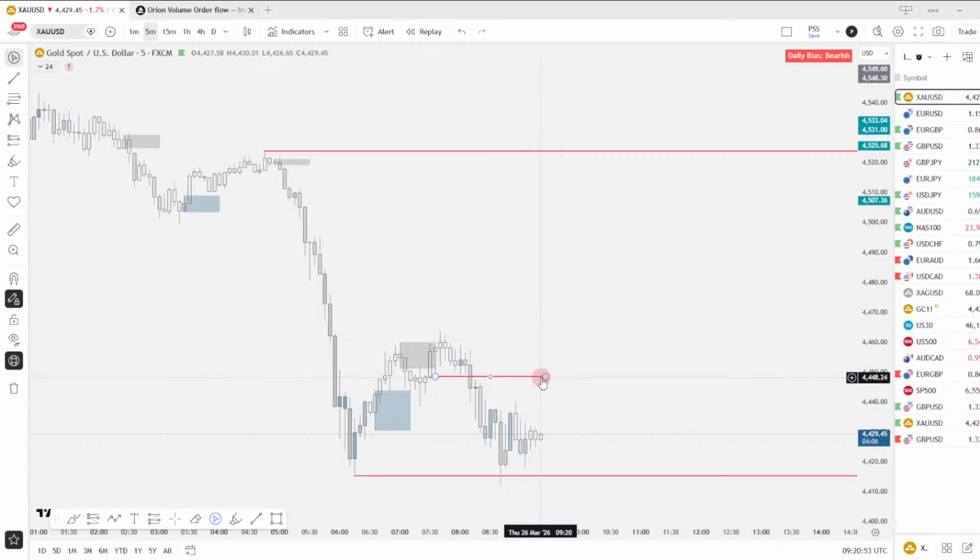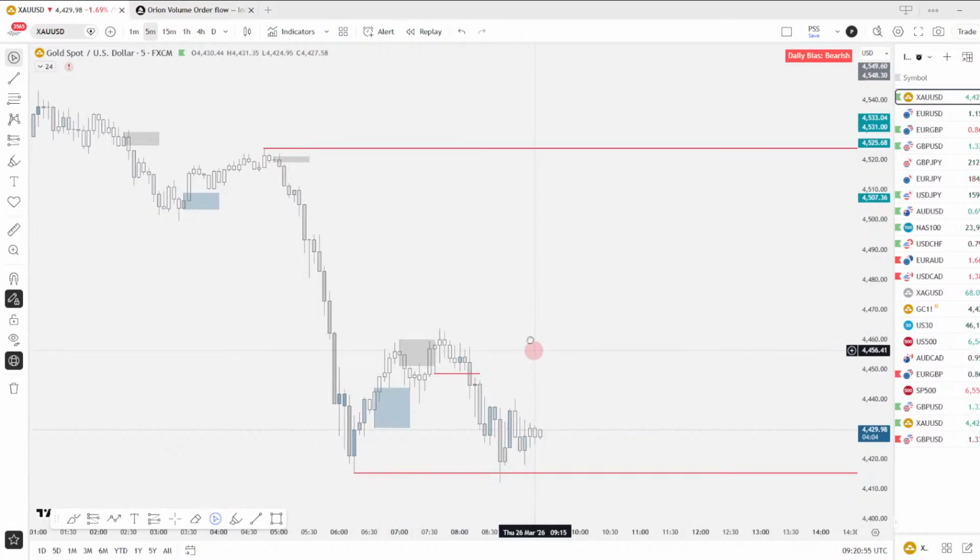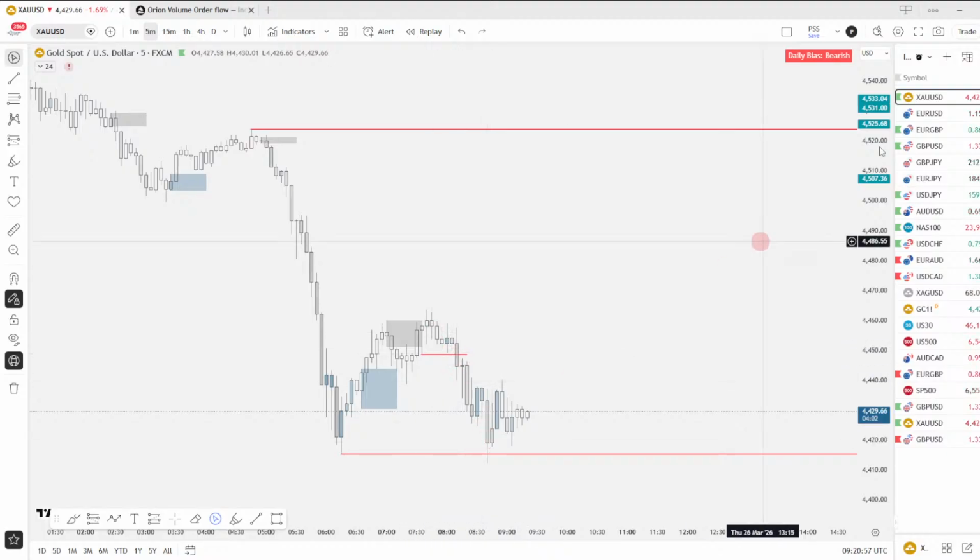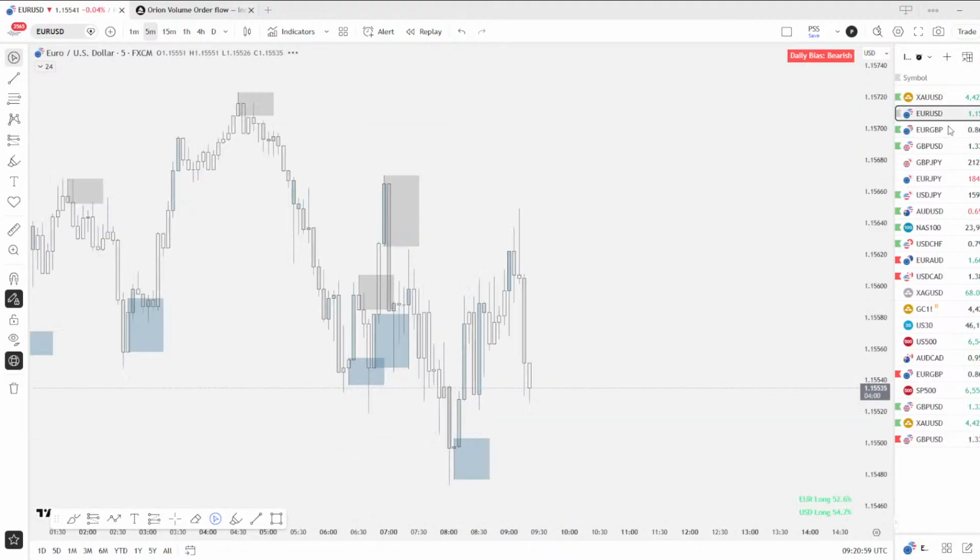Okay. We just hit the target from the move that we were trying to short earlier. Actually, hang on. Let's see.